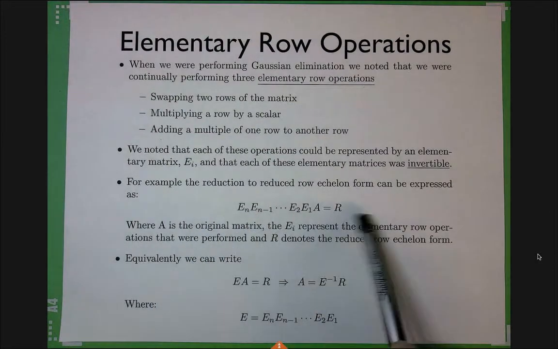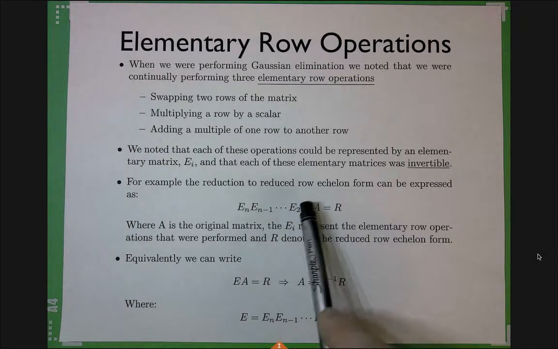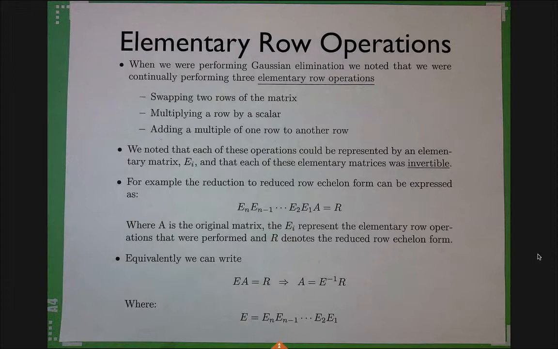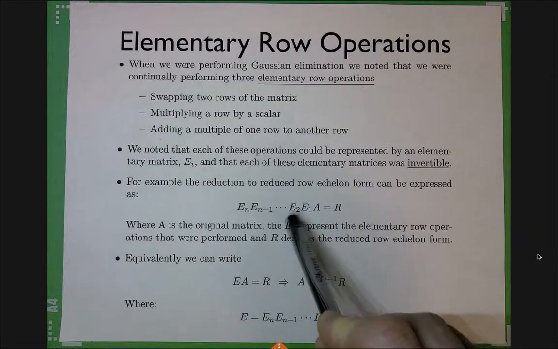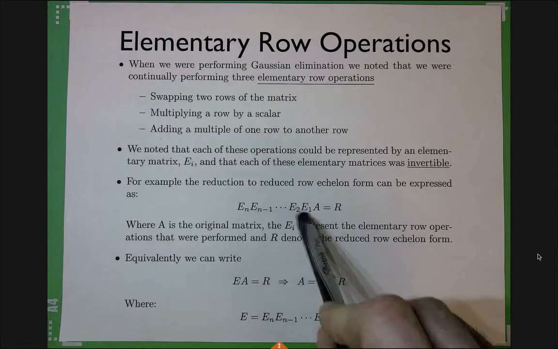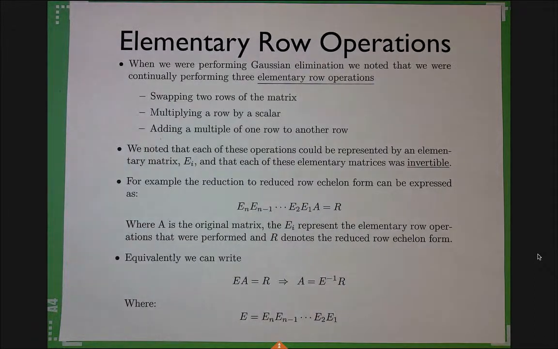Then the conversion of an arbitrary matrix to reduced row echelon form, I can write simply as matrix multiplication, because it's a sequence of elementary row operations. So first I do operation 1, then 2, then 3, and so on, until I get it to reduced row echelon form. The same idea as in LU decomposition, now encoded in the matrix language.